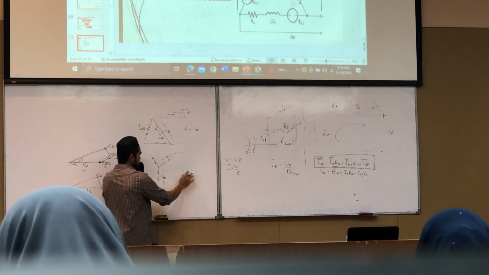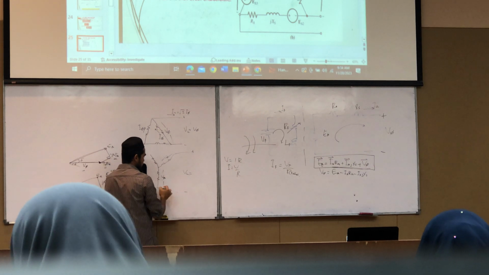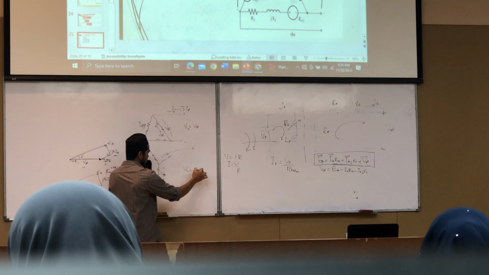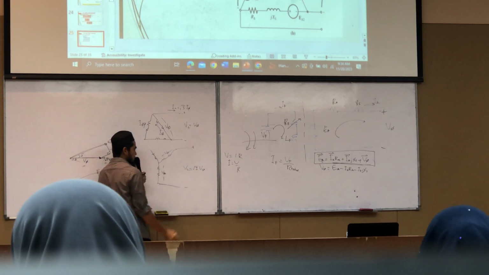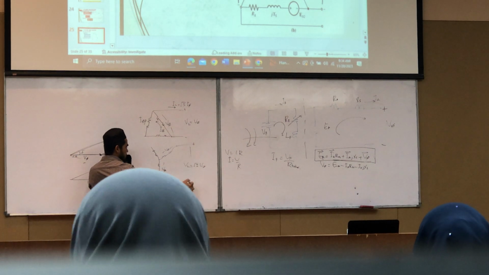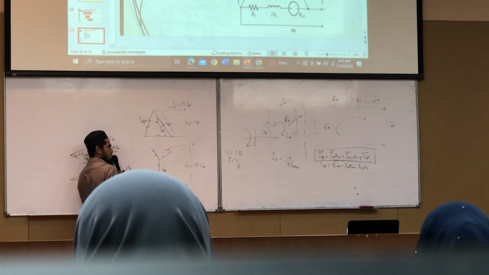So V line should be bigger if you measure here compared to V face, about three times. Nampak? You measure here, kan? So V line is bigger compared to V face.